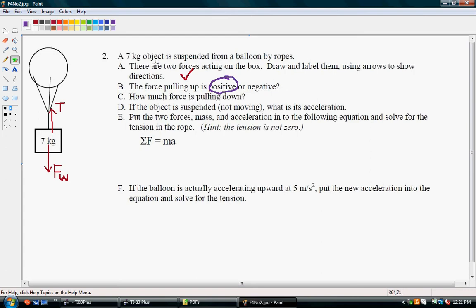Alright, how much force is pulling down? Well, we actually have an equation for the force of weight. It is Fw equals mass times gravity. And we know the mass to be 7, and our gravity on Earth to be 9.8.